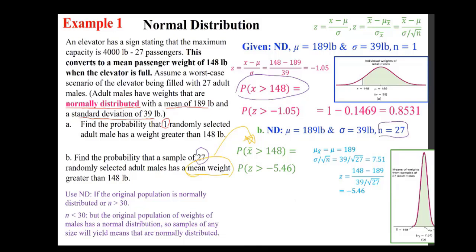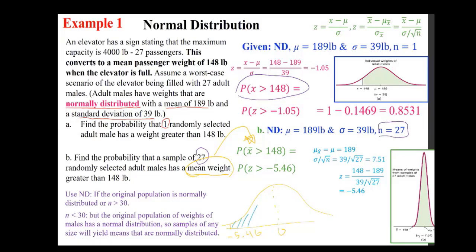I would graph this one. Again, the shape that I'm going to come up with, it's completely off and it's not important, but it helps us with the result and finding it. The idea is that this is the z, so that refers to 0. And so negative 5.46 is here, and I'm interested in finding this area.